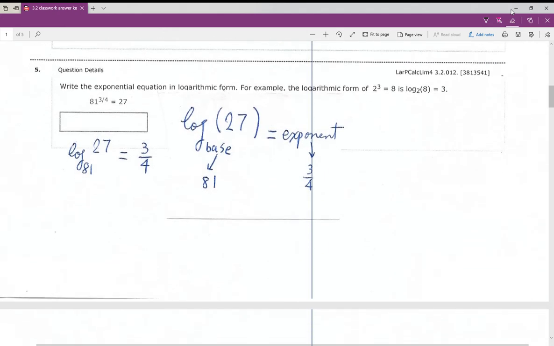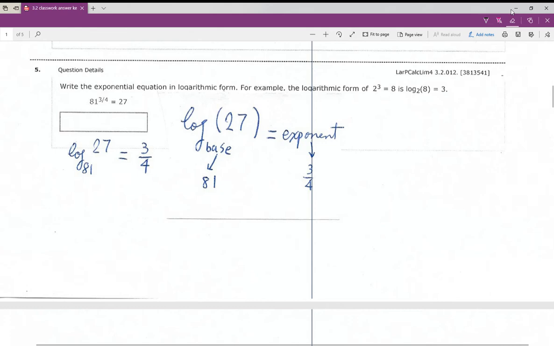Number 5. So basically, we call this rewrite. You want to write this exponential equation and change it to a logarithmic equation.